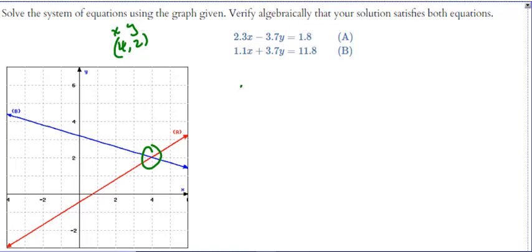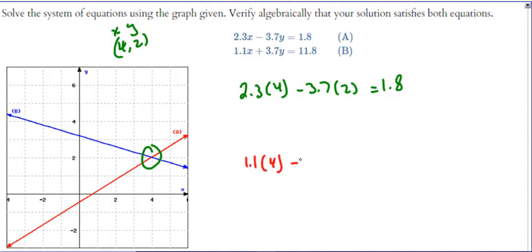So we're going to say 2.3 times 4 minus 3.7 times 2. Does that equal 1.8? Then we're also going to check 1.1 times 4 plus 3.7 times 2 equals 11.8.